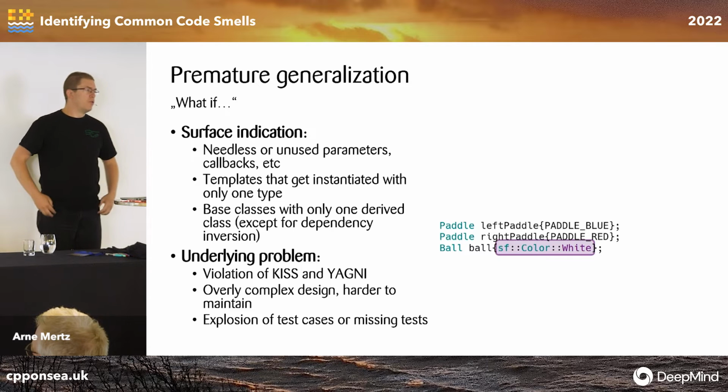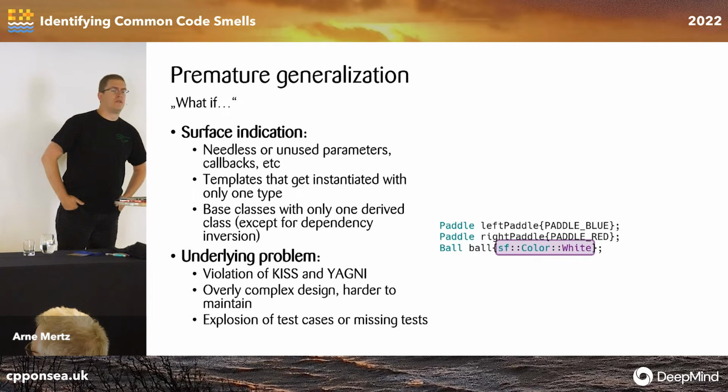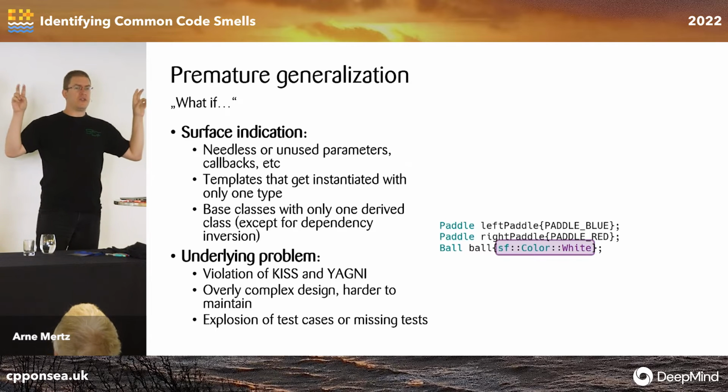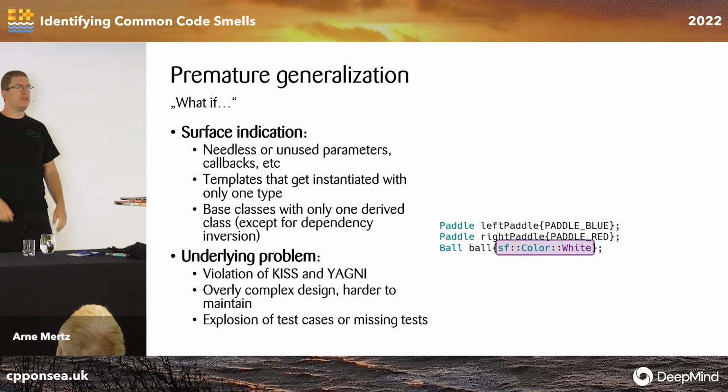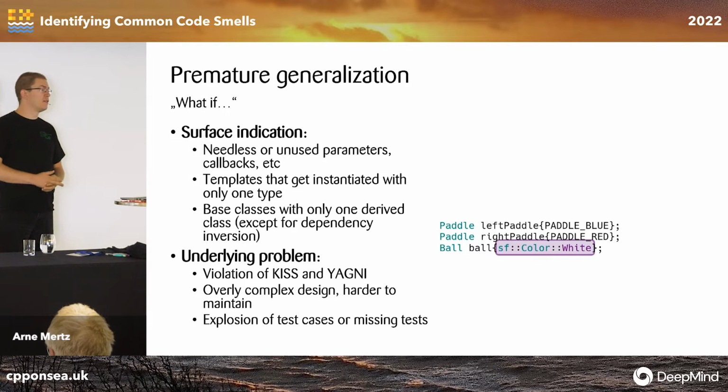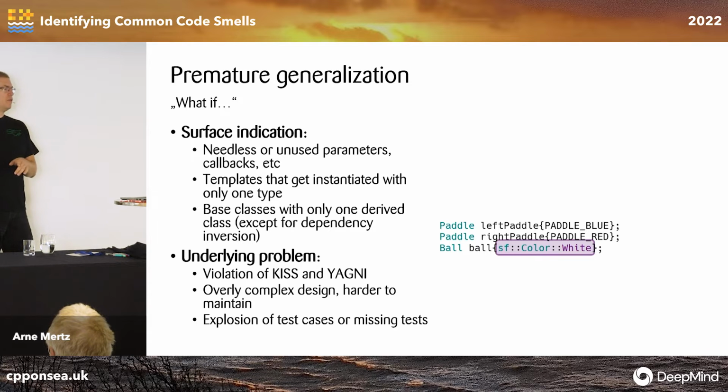So this code smell is called premature generalization. So this is the usual what if. What if someone wants to use another ball or another color for the ball or multiple balls with different colors? You don't need it right now. So just don't use it.